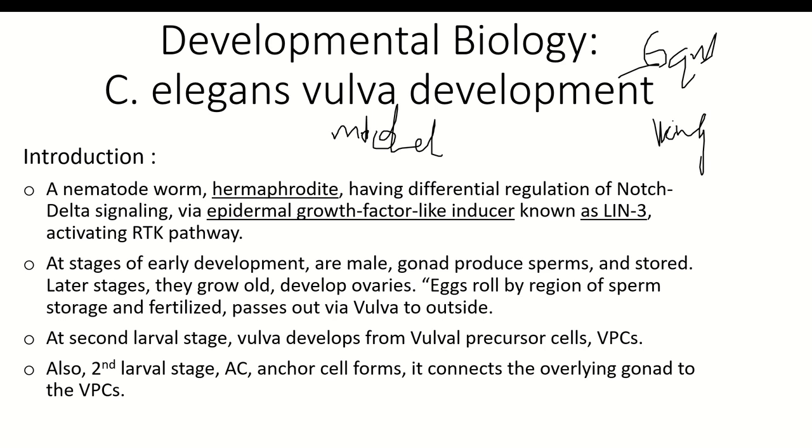Thus at early stages of development it is male, produces sperm, and the sperm is stored. At later stages, when they grow old, they become female and develop ovaries, and the eggs are fertilized by the sperm stored there.